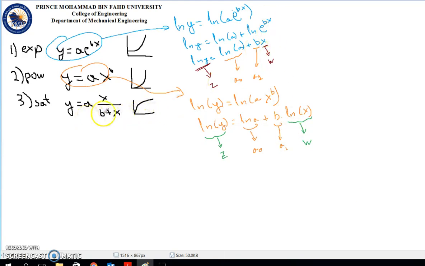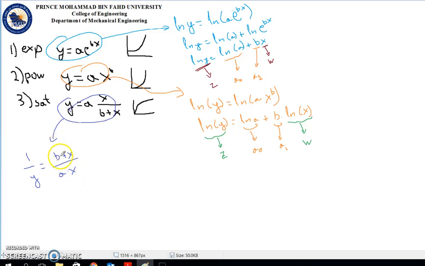Now, for the saturation growth model, we have this addition in the denominator, which is complicating life. If it was in the numerator, we could break this fraction. So why don't we invert the whole expression? 1 over y will equal b plus x divided by a times x.